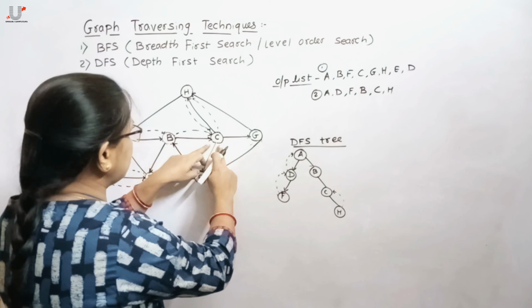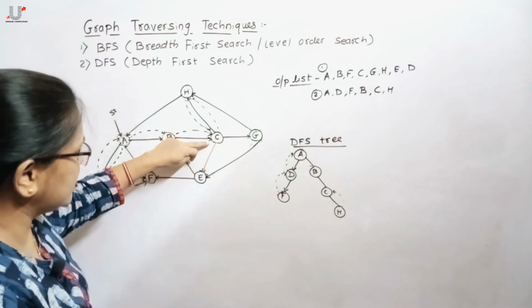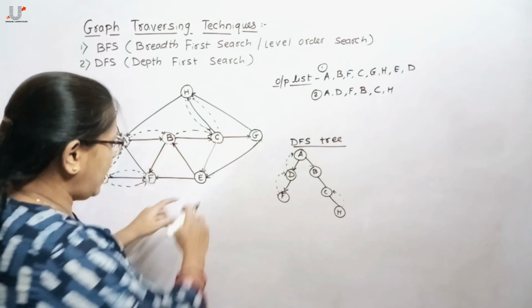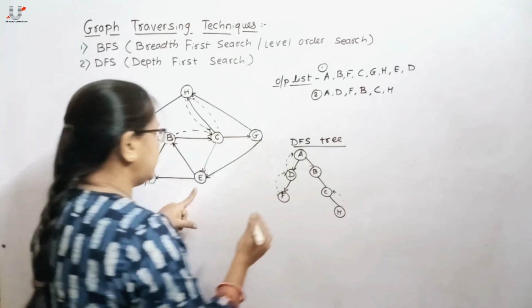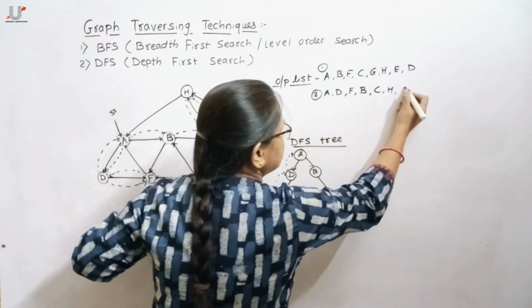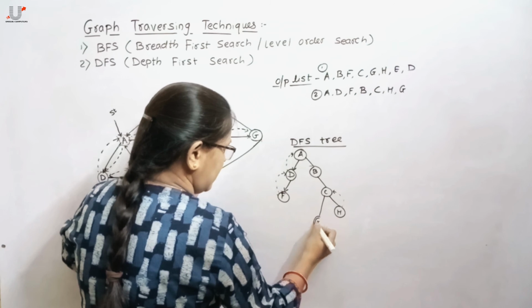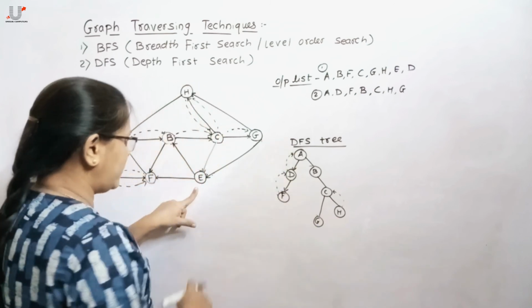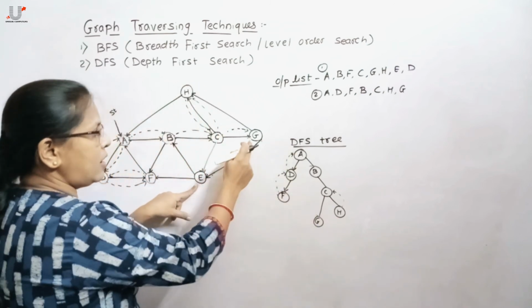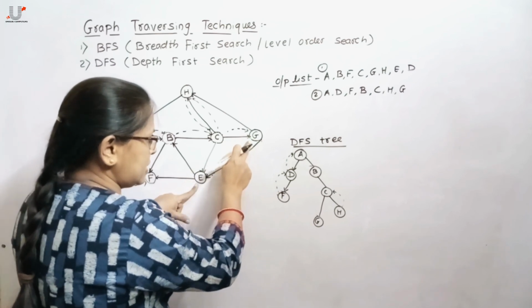Then for that C, again check unvisited adjacent node of C. Now it's G and E. You can choose either. Here I choose G, so move to that G, add that from C, it's G, add it into the DFS tree. Then check any unvisited vertex for this G is present.